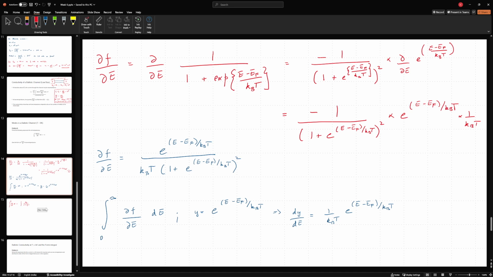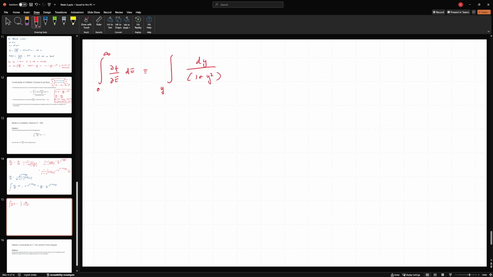So this is going to go from some y0 to infinity, where y0 is equal to e to the power minus EF upon kBT. So yeah, this is the integral that we have.